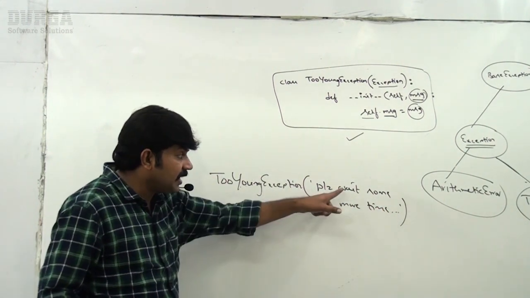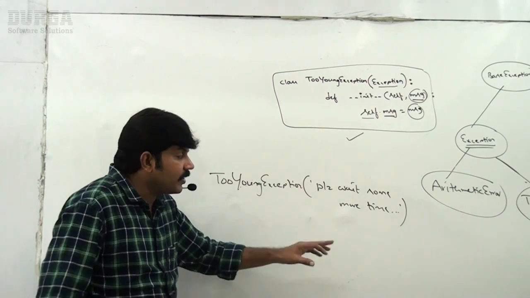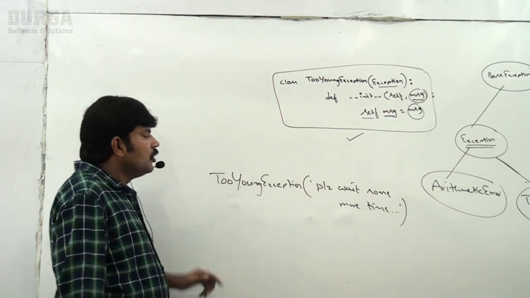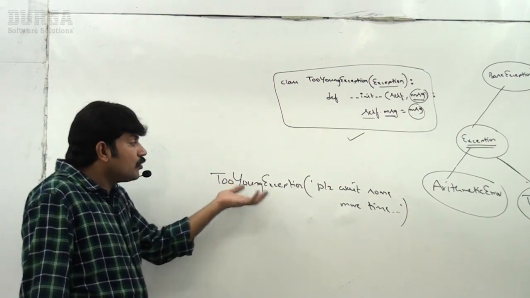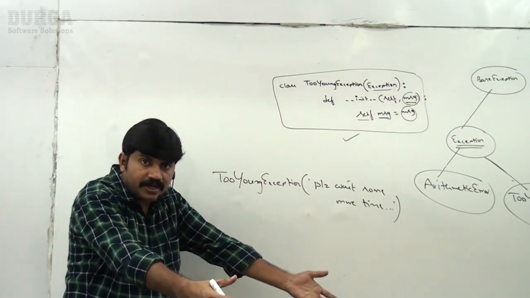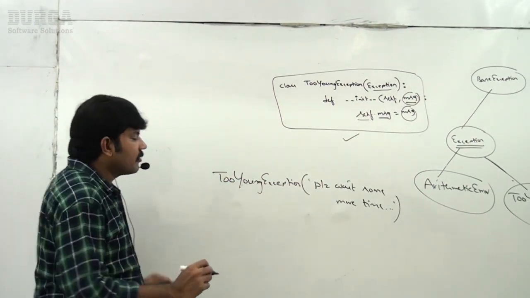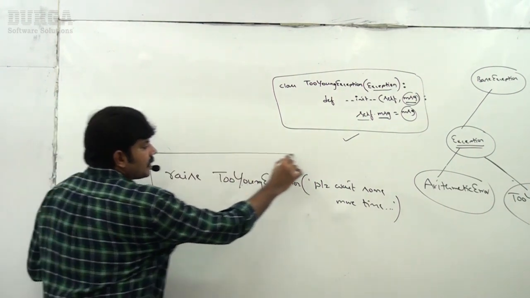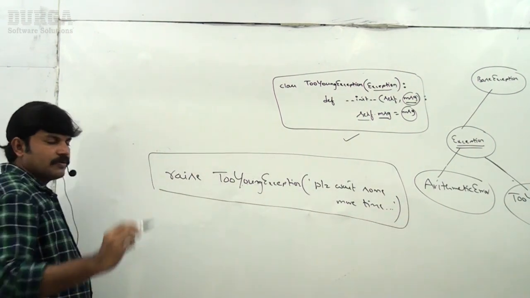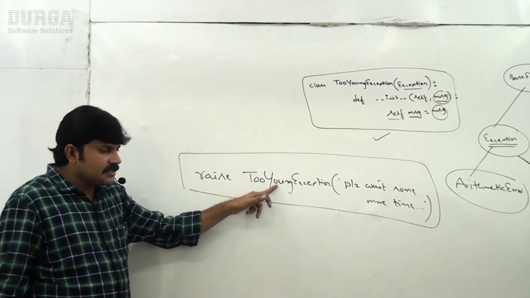Whatever message you want, you pass it. So you created the exception object. Now you have to raise this exception object explicitly using the raise keyword. Remember this one: raise this exception object.